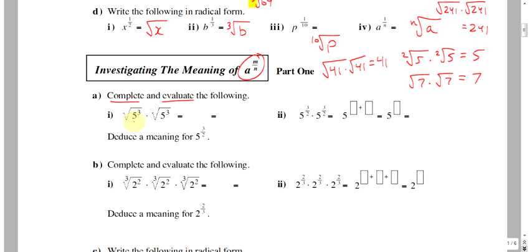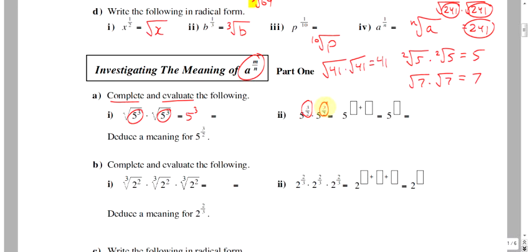Okay? So what is the square root of 5 cubed times the square root of 5 cubed? What did I have under the radical sign? That's what I get. What do I have under this radical sign? That's what I get. Okay? 5 to the 3 over 2. What's that as a decimal? 1.5.